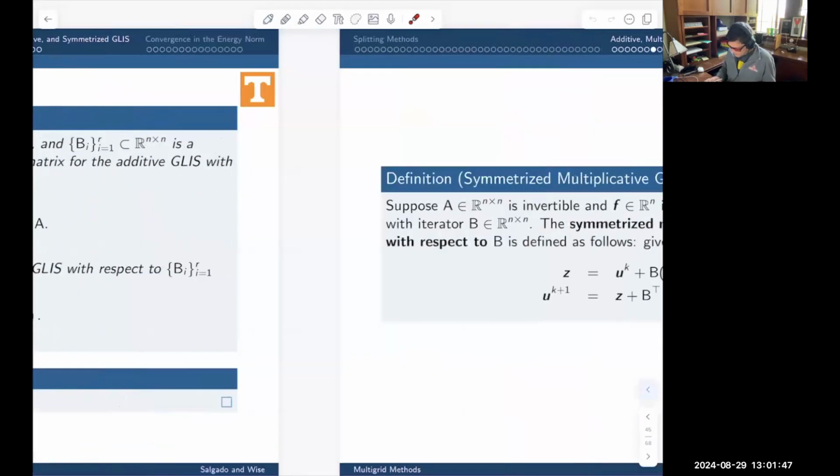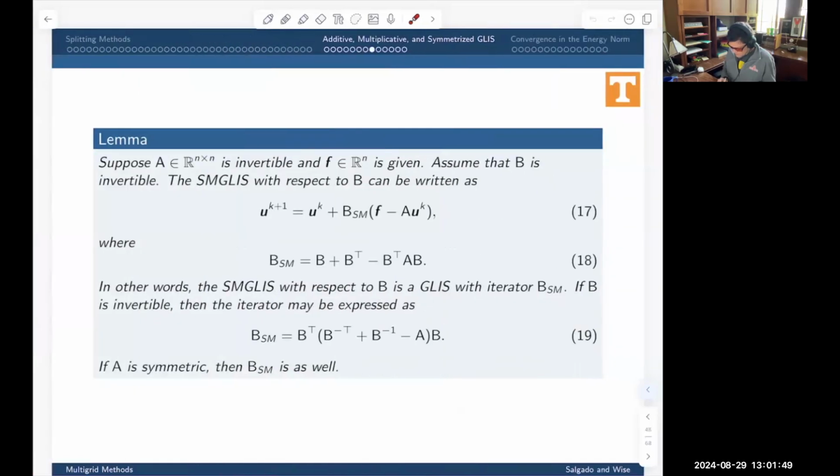It's in harmony with what we give later for the iterator matrix for this symmetrized multiplicative general linear iterative scheme. Very hard to say. So there was no error for that. Just wanted to bring those two to your attention. So there was an error with Richardson's method, no error with respect to this symmetric multiplicative general linear iterative scheme.